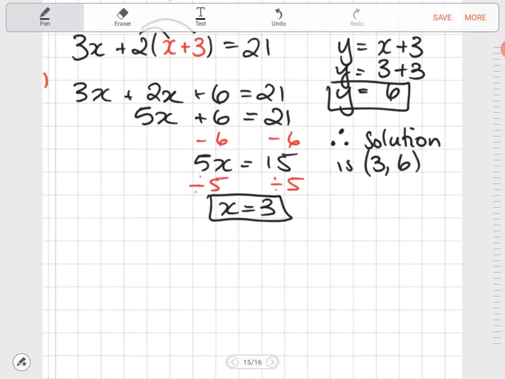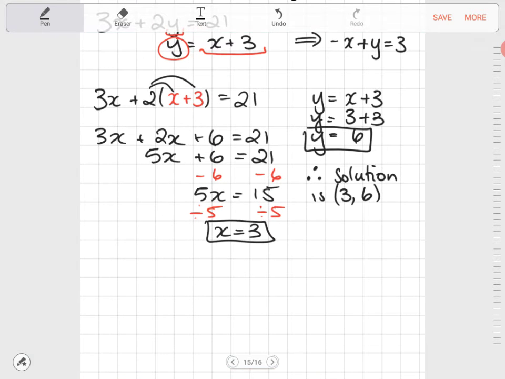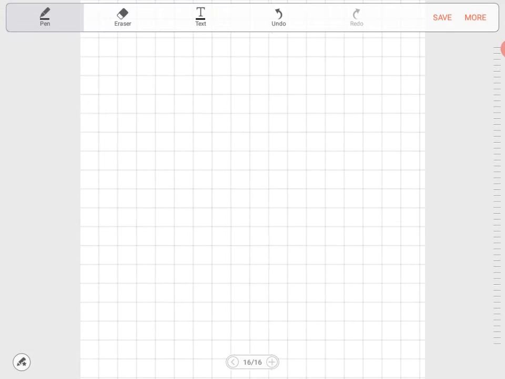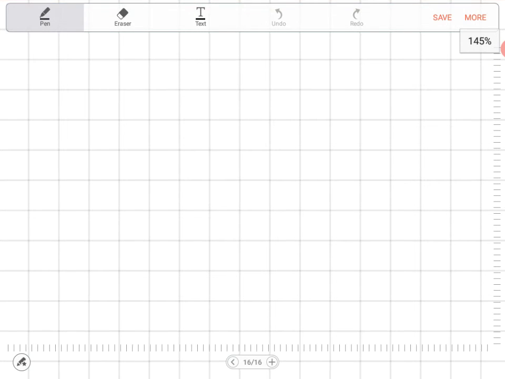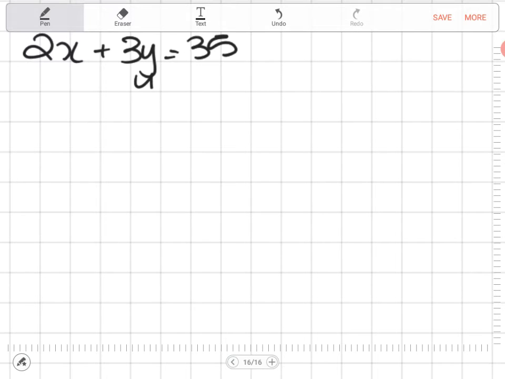Okay, let's look at another one. So in this case we are going to have 2x plus 3y is equal to 35, and y is equal to x plus 5.